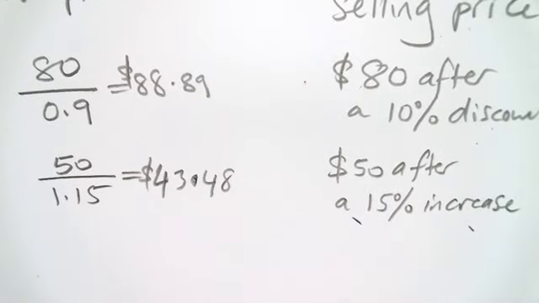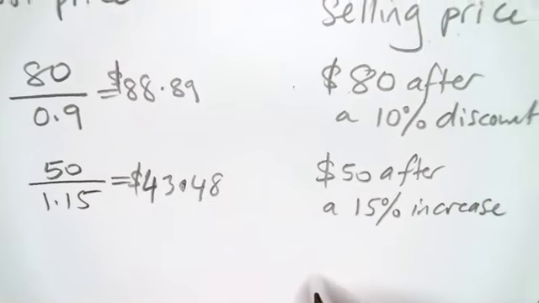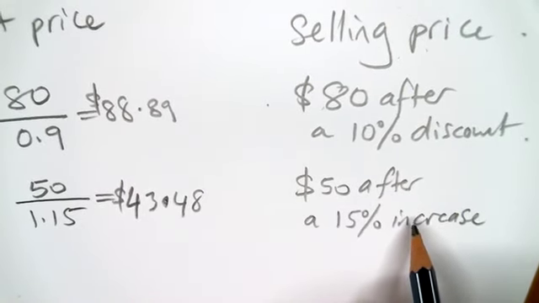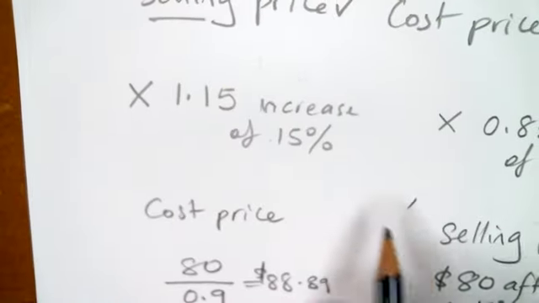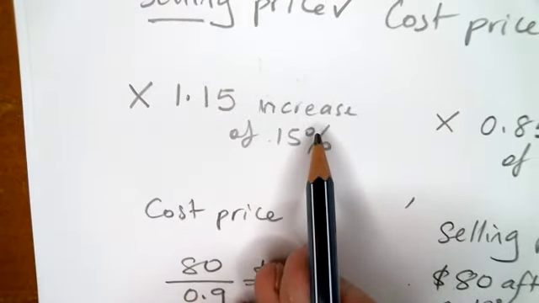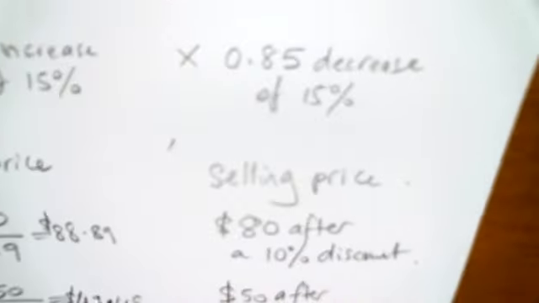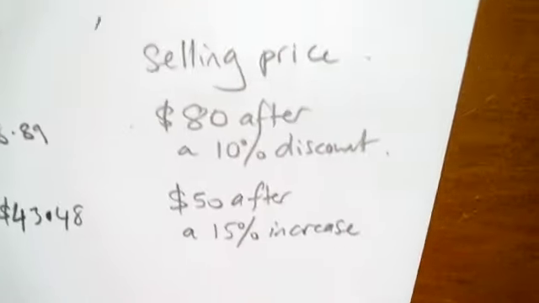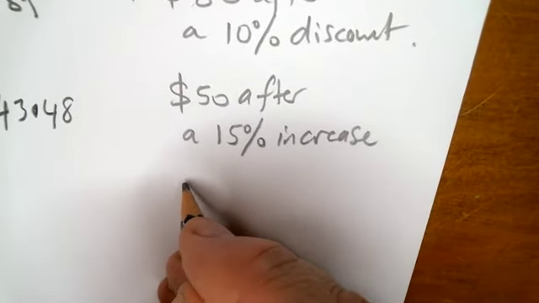So you see what's going on here. As long as you know how to make a 15% increase, that would be times 1.15. Or let's say it was a 15% decrease, that's times 0.85. So let's try that. Let's say I've got $100.